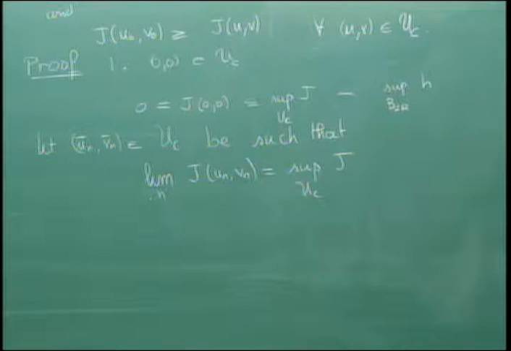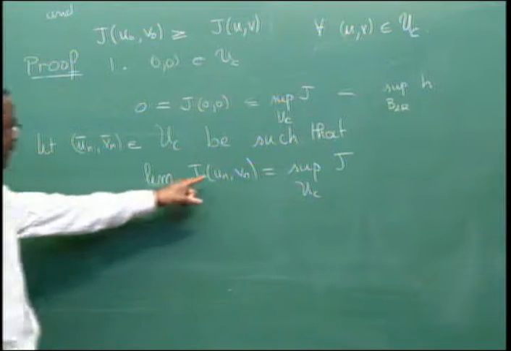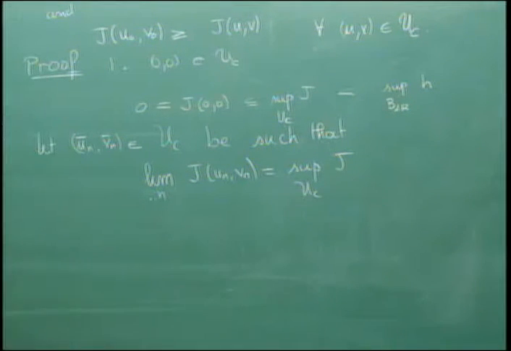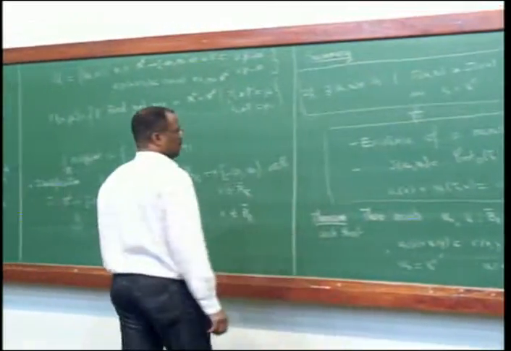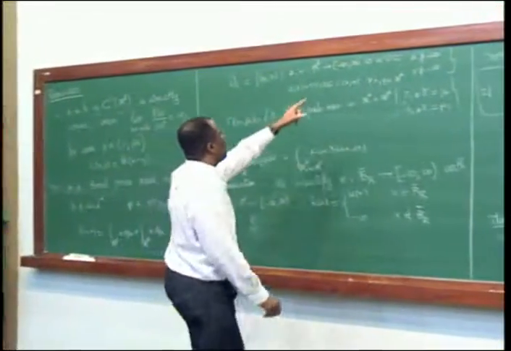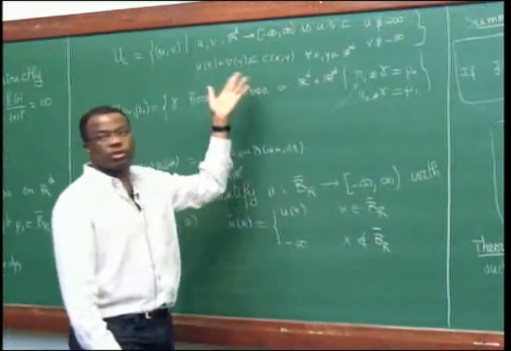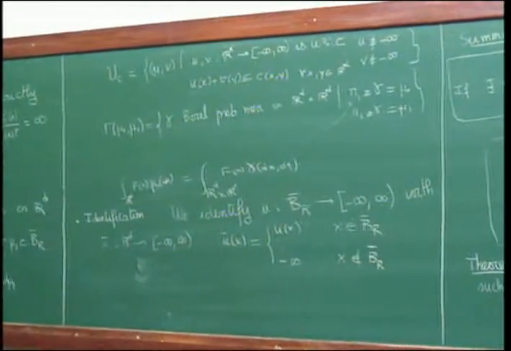Okay, so I have a supremum, and I can characterize that by a maximizing sequence. This un and vn, they are just upper semi-continuous. And I don't know any better property of that.